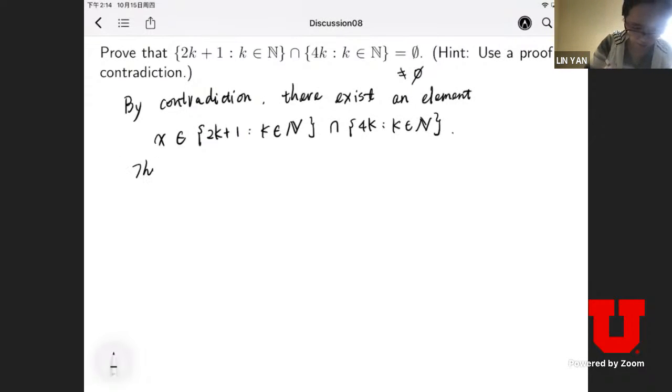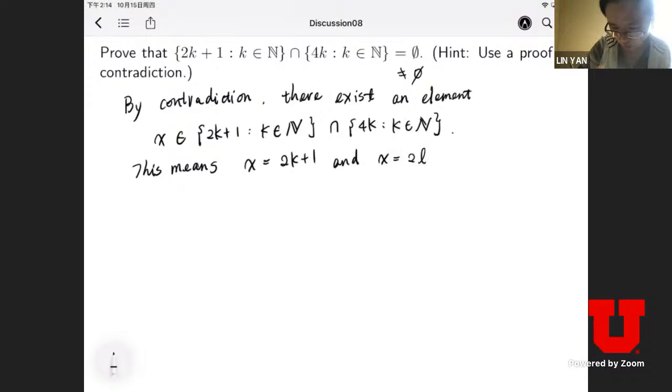And this means X is equal to 2k plus 1, and X is equal to 4L, where k and L are natural numbers.